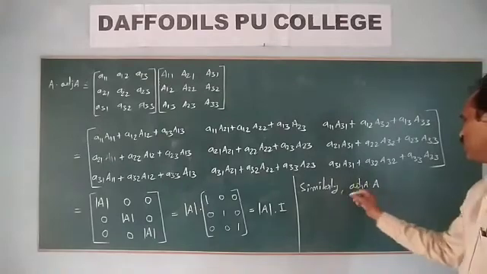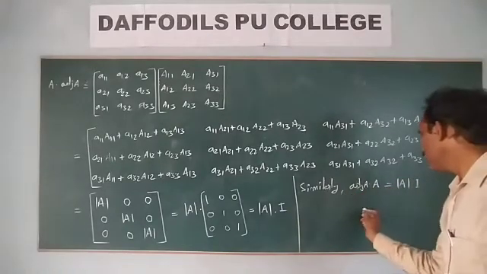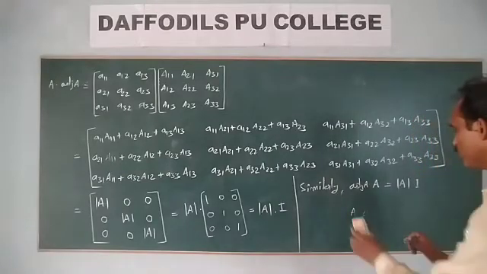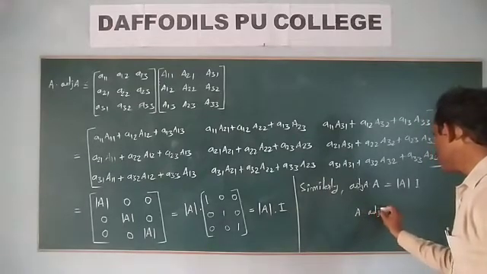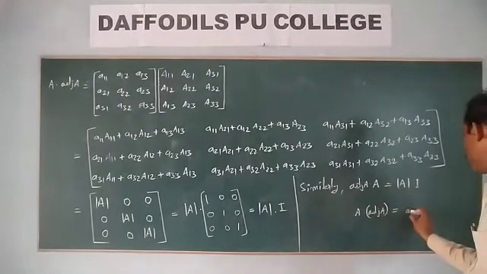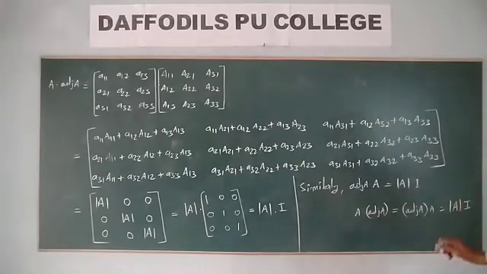Similarly, adjoint A into A is also equal to det A into I. So finally, A being a square matrix, the theorem is A into adjoint A is equal to adjoint A into A is equal to det A into I. Remember this.